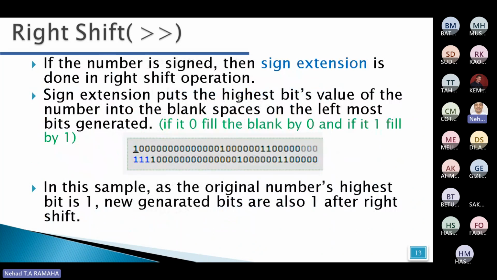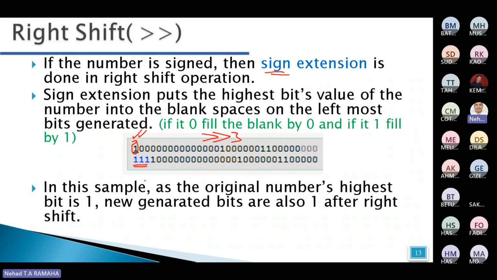But let's speak about sign. If we speak about a signed number, this means the leftmost digit is the sign. So if this sign is 0, we fill by 0. If this sign is 1, and we shift this one to the right 3 digits, we fill by 1.